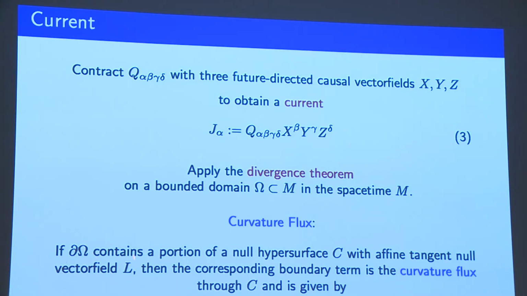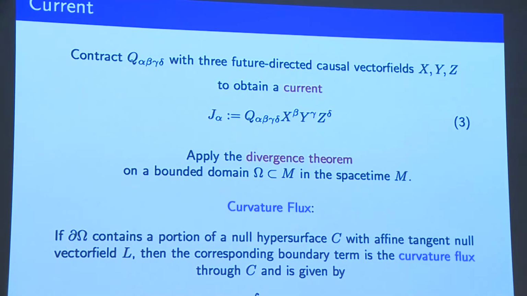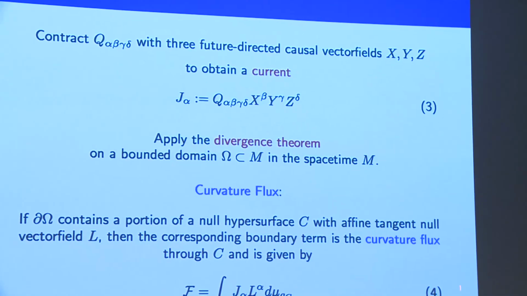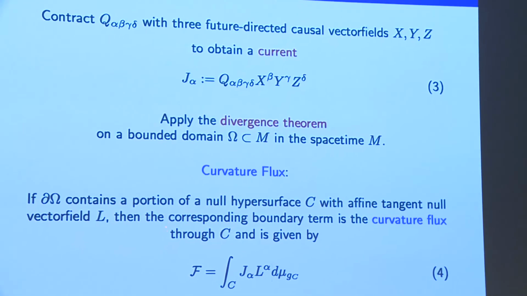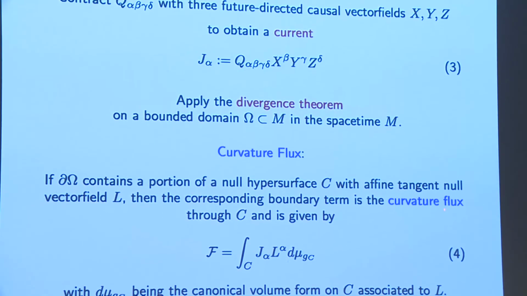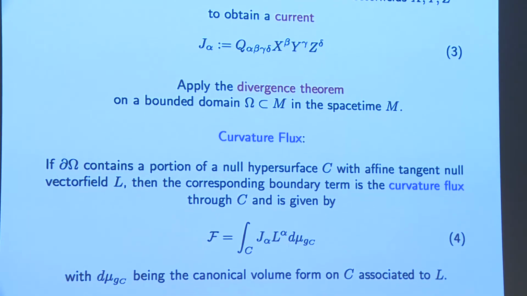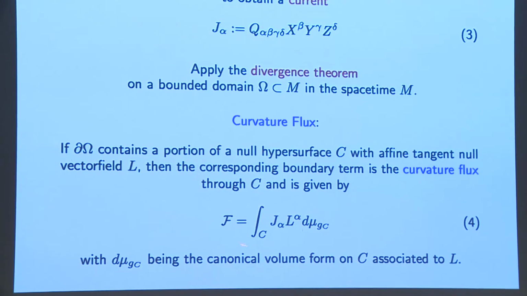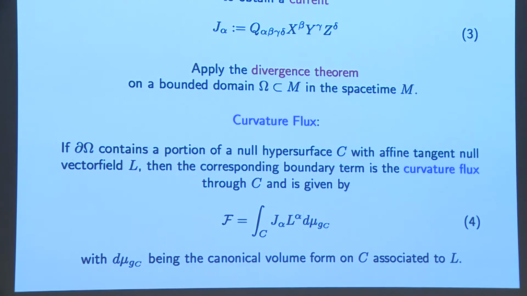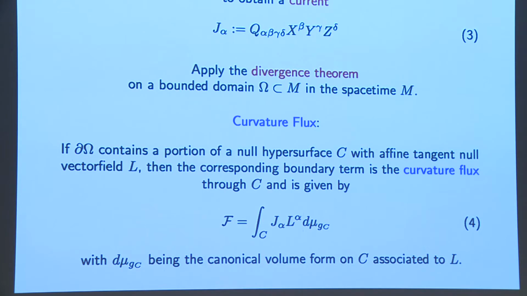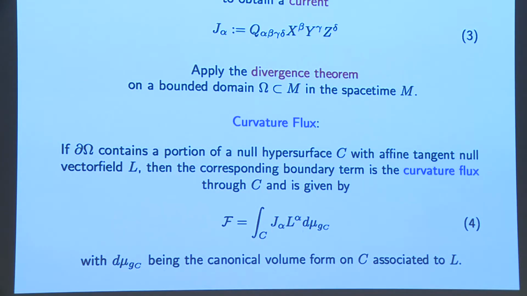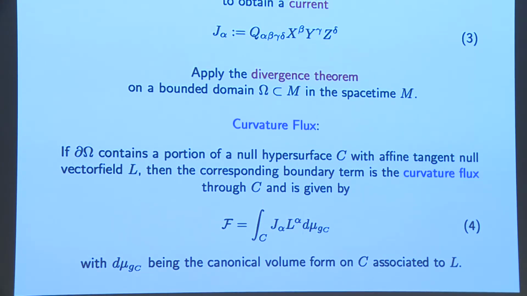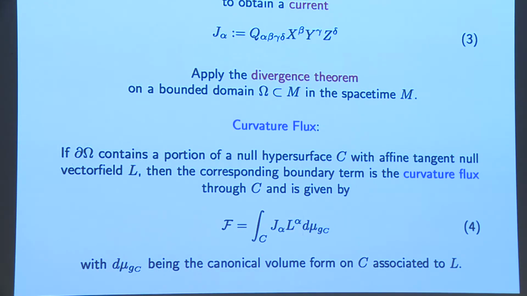So if ∂Ω here is just the boundary of this, and it contains a portion of a null hypersurface, remember that, with some affine tangent null vector field L, then the corresponding boundary term is indeed the curvature flux through this null hypersurface C. And we can write it down as this integral. So this is the curvature flux we can define like that, associated to some null vector field L. So these are some important objects to think about.